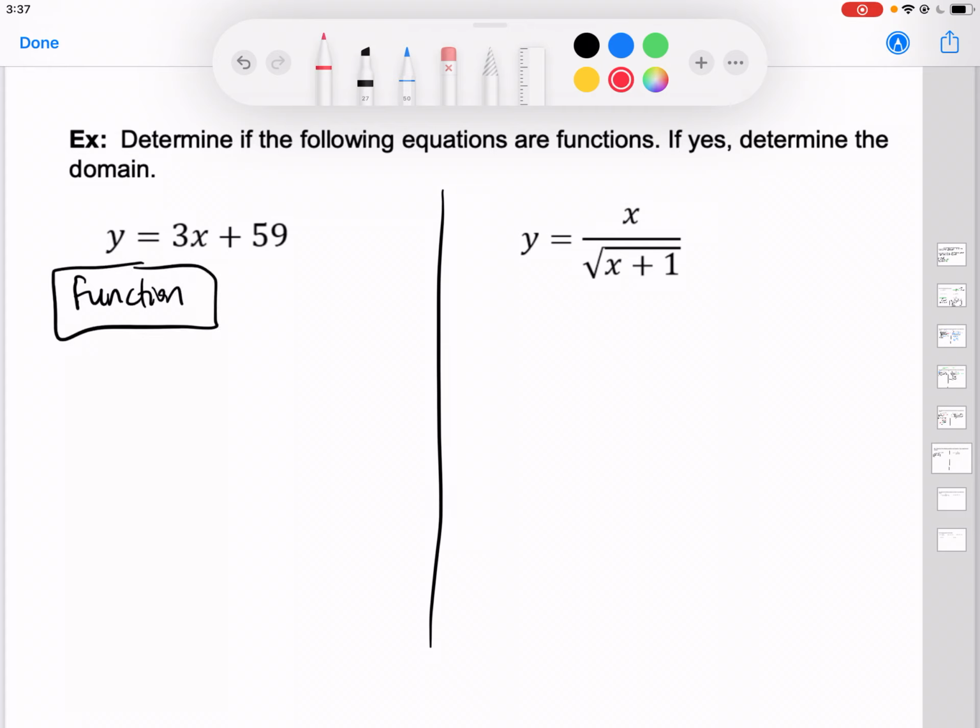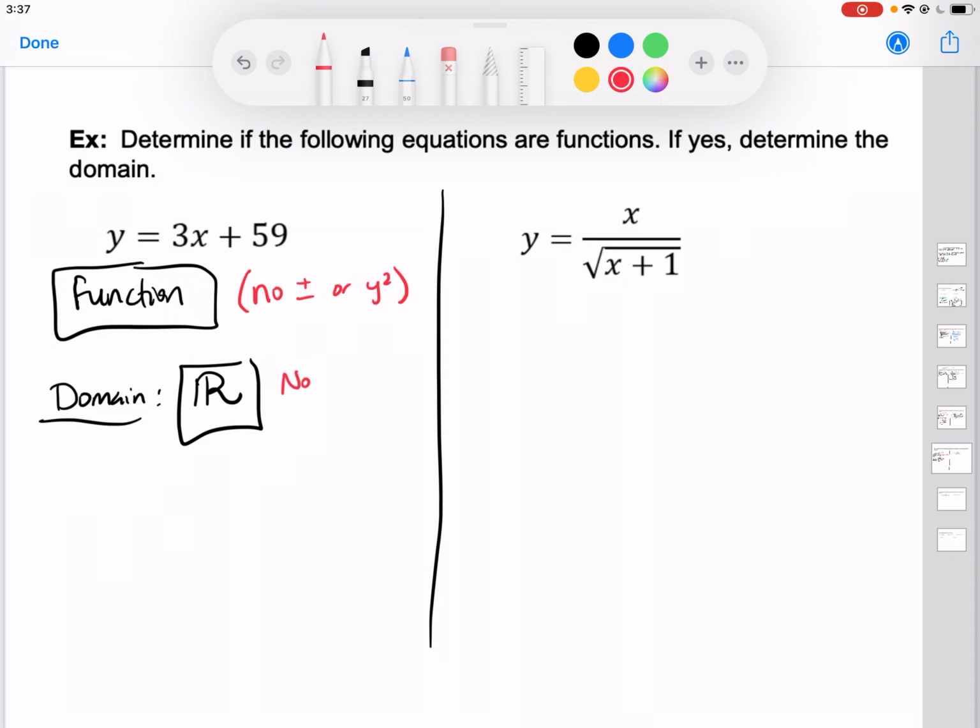And once again, the reason being there is no plus or minus symbol in this, or a y squared in the equation anywhere. Then we're looking for domain. Remember, you look for square roots or division, and if there are none, you just say your answer is all real numbers. It's like the easiest type.